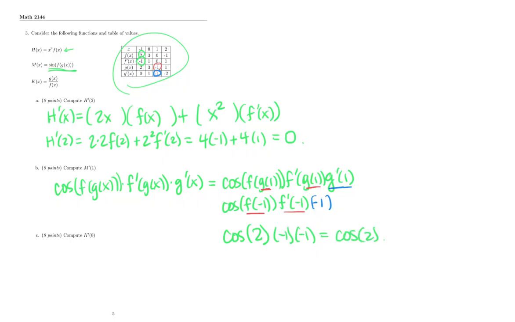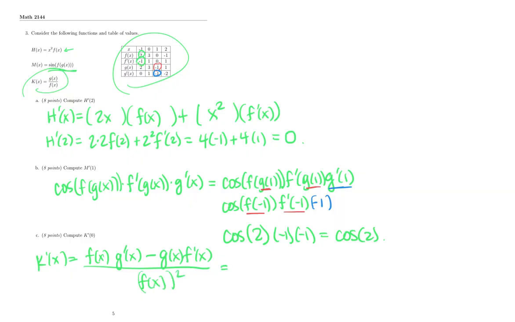And then it says compute k prime of 0. So I can see that k is this quotient. So k prime of x is just going to be the quotient rule. So low d high, excuse me. So it's going to be f of x, low d high, g prime of x, minus high d low, g of x, f prime of x, over low squared, so f of x squared.